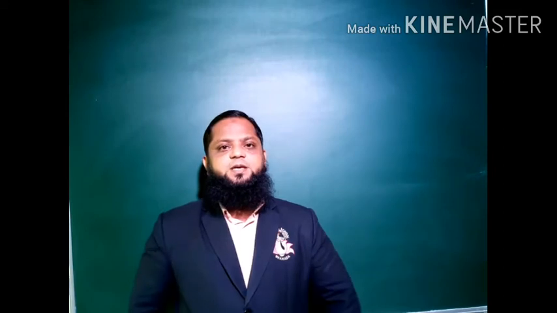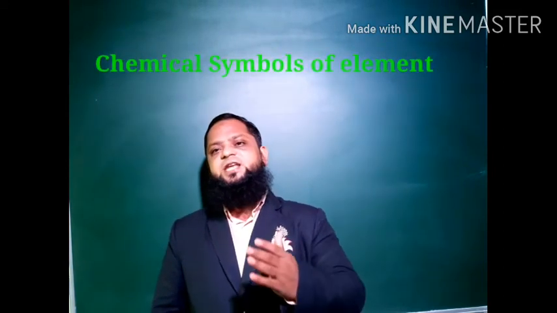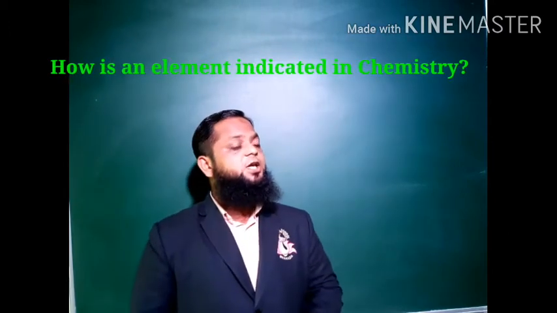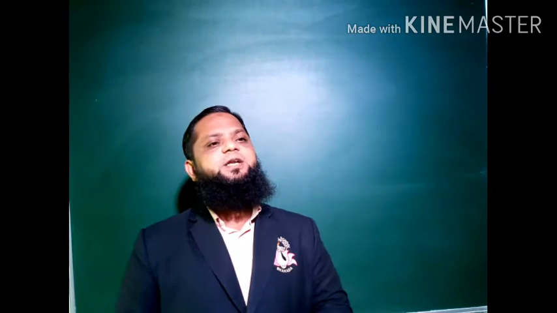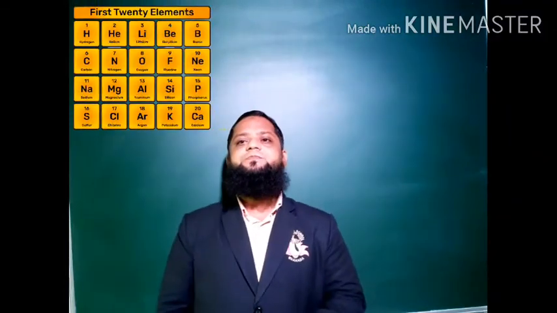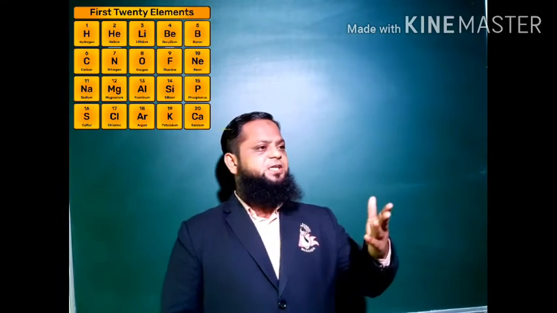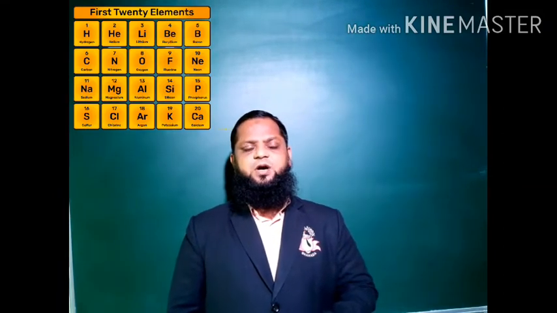The next topic, chemical symbols of an element. How is an element indicated in chemistry? Yes, the element is indicated with the help of symbols. Tell me some symbols of an element.